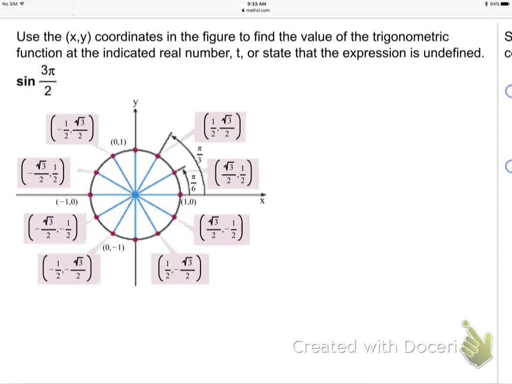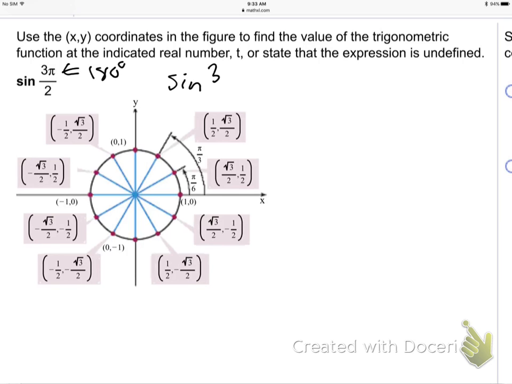All right. Sine 3 pi over 2. Do that one. Okay, how we doing? 3 pi over 2, put in 180 for pi.